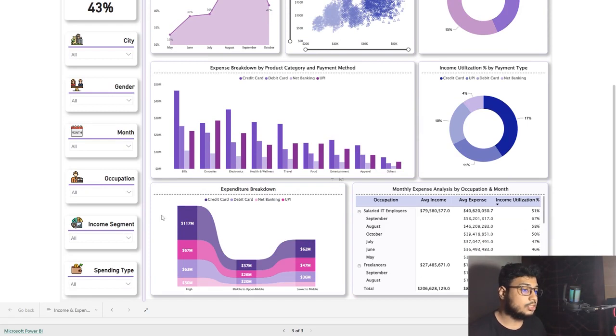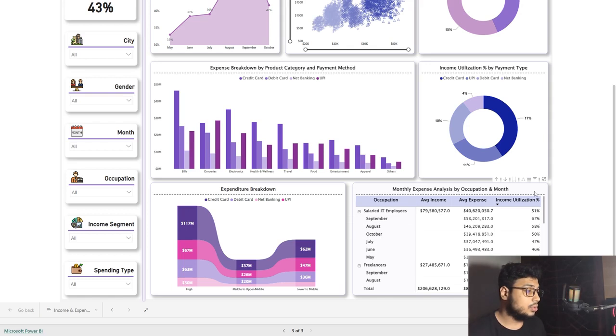And here is the expenditure breakdown for each income segment of customers. The customer with a high income has used credit card for most of his expenses. Similarly, a customer with a lower to middle income has low credit card usage.